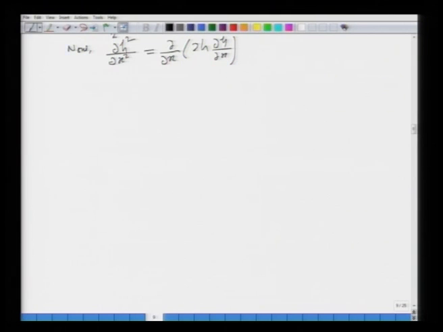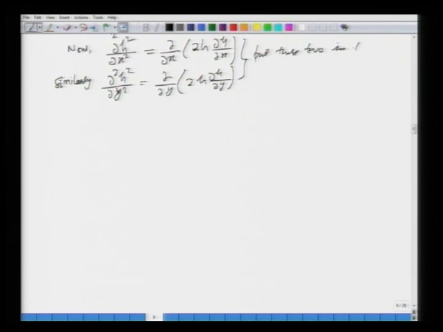Okay. Similarly, del 2 h 2 over del y 2 will be del over del y of twice of h del h del y. Okay. So, it is basically if you take the first derivative of h square, that is what it is going to be, all right. So, what I do is I put these two in the equation above.